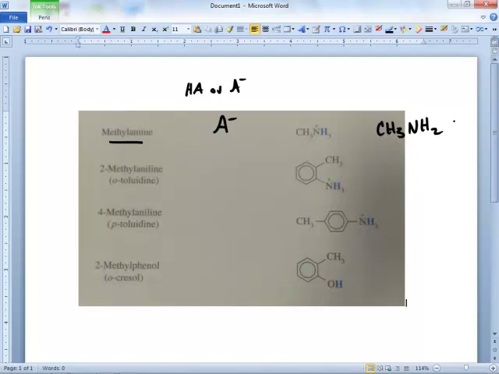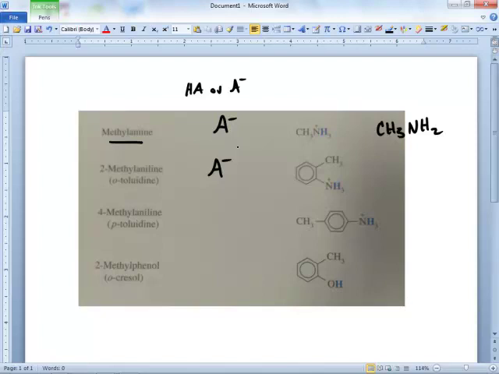Okay. Methylanilinium. Is that the conjugate acid or the conjugate base form? Conjugate base. You got to rip off an H plus again, right? Does everyone see that? It's got the plus. You got to rip it off. It's not neutral. You can't have a bottle of that stuff sitting around. You could if it was the methylaniline.